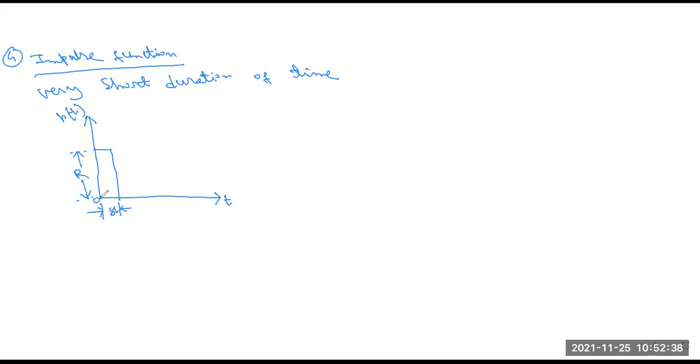This impulse function is related to the unit step function.